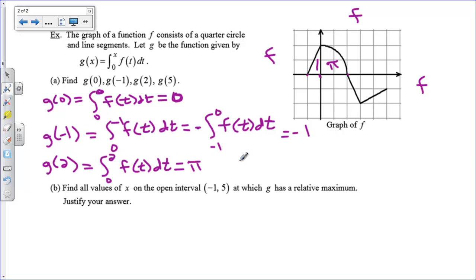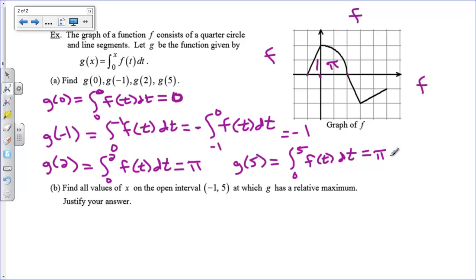Now what about g of 5? G of 5 is going to be the integral from 0 to 5 of f of t dt. So let's go see about that. We've already gone from 0 to 2, so I know it's at least pi. Now what happens after 2, from 2 to 5, is f drops below the x-axis. And so when we find this area here of this weird little shape, we must call it a negative area.